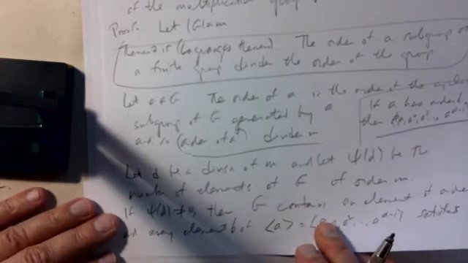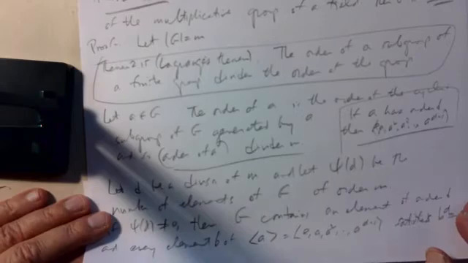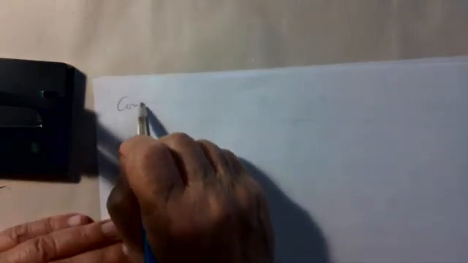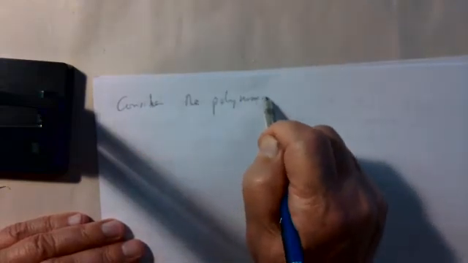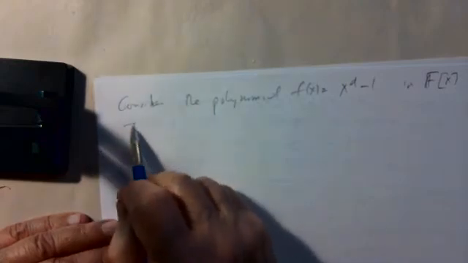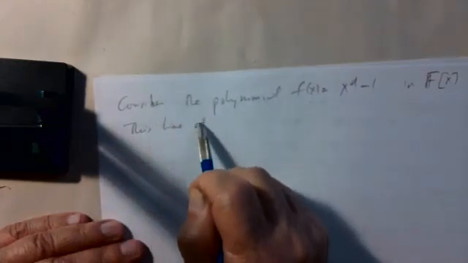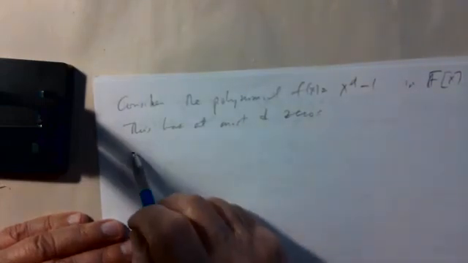Now, we proved that in a field, a polynomial has at most its degree number of zeros. So consider the polynomial f of x equals x to the D minus 1 in the field F. This has at most D zeros.